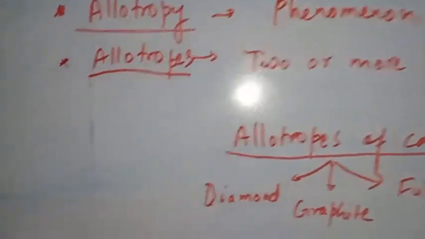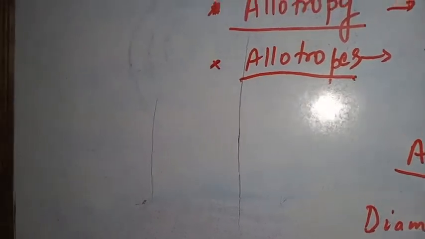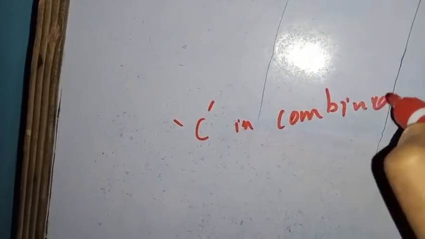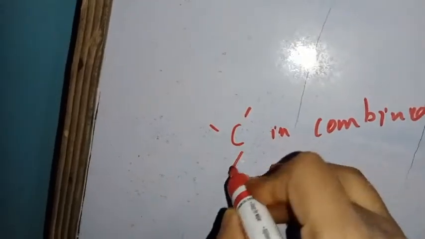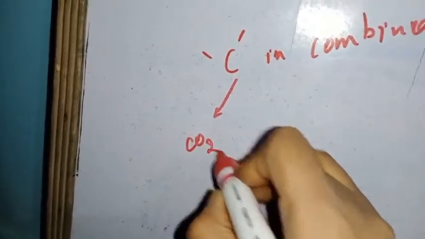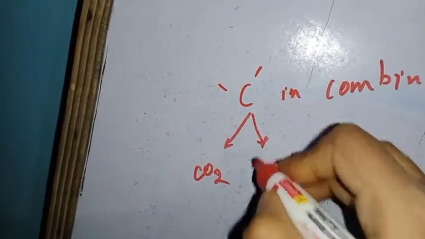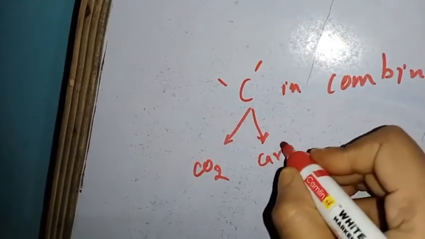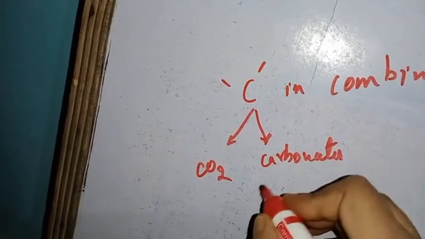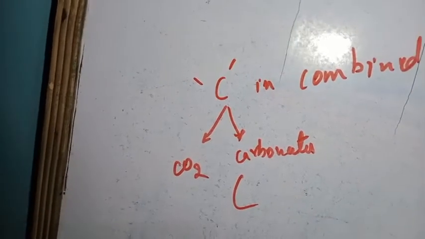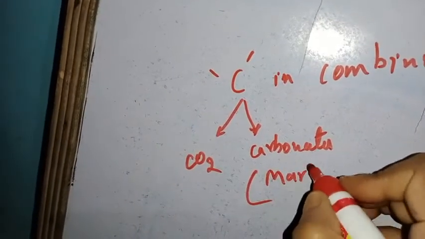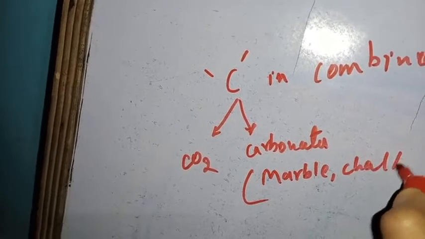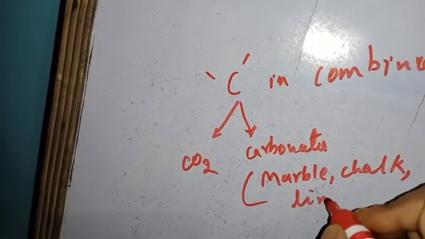Carbon also occurs in our environment in combined state. If you see carbon in combined state, it is in the form of carbon dioxide in our atmosphere. It is also found in the form of carbonate salts, like calcium carbonate, that is marble, chalk, or in the form of calcium oxide, that is lime.